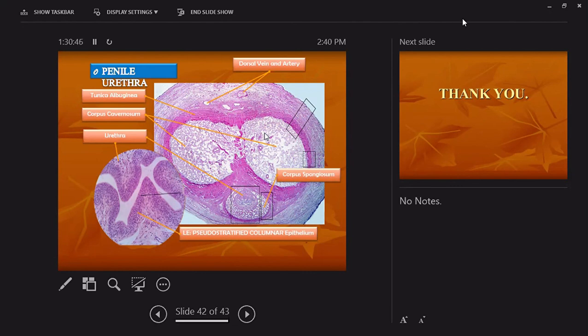Pseudo-stratified columnar epithelium. Of course, in the fossa navicularis, it is stratified, diba? You have what do you call this? Squamous. Okay, stratified squamous.